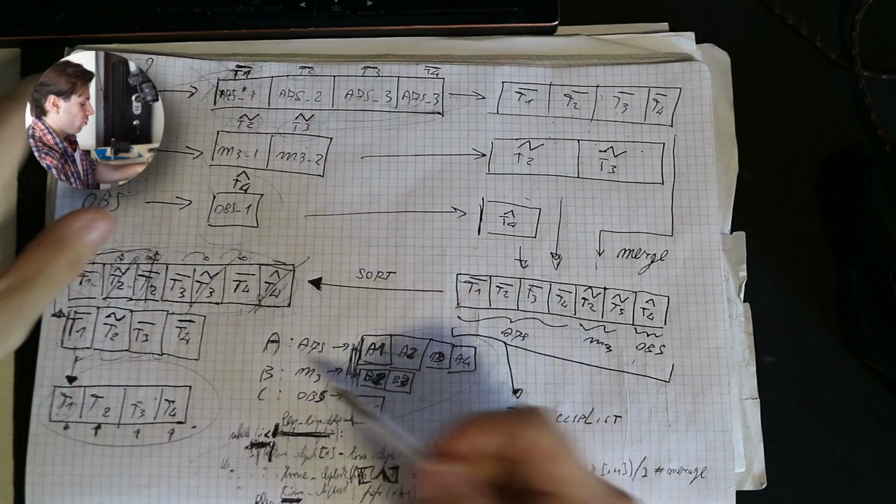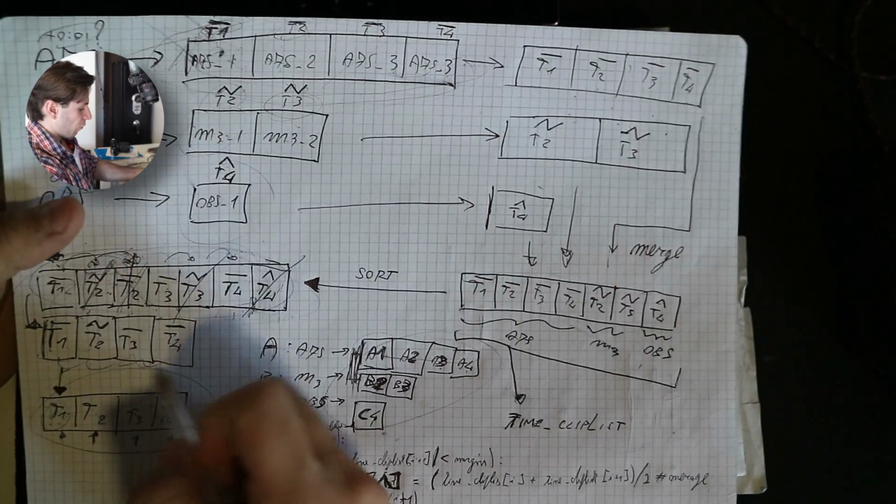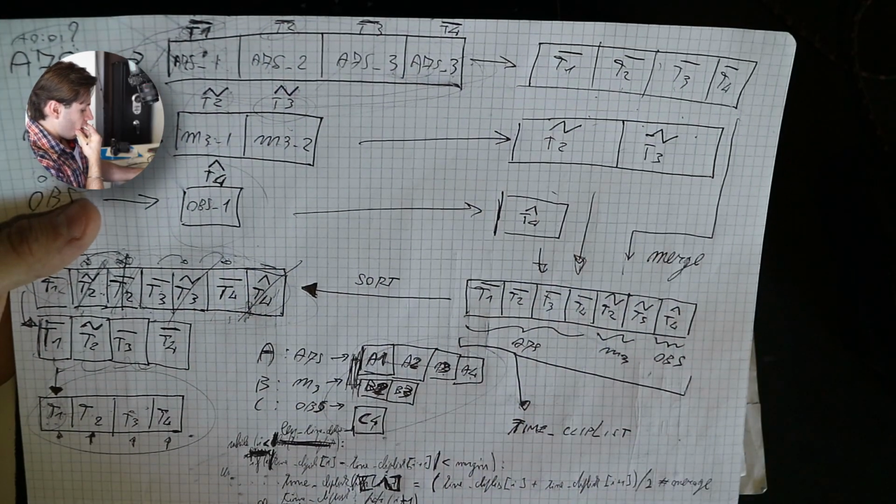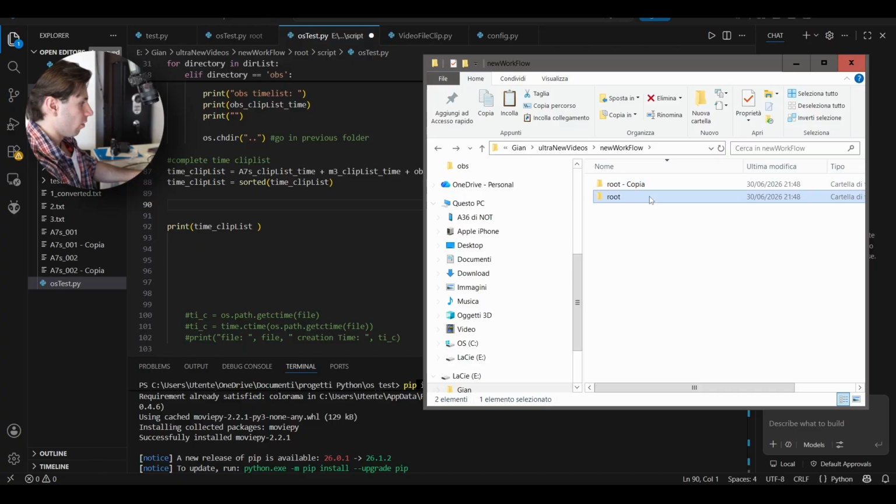Okay, I have sketched a little script. I don't know if it is going to work. And this is just a simple idea to give life to this little algorithm. And I've also created another copy of my real root folder. This one is the real root folder of this complete video.